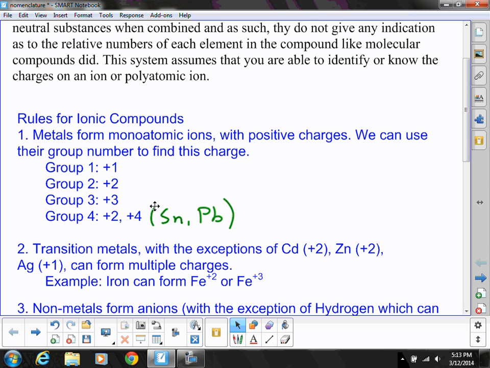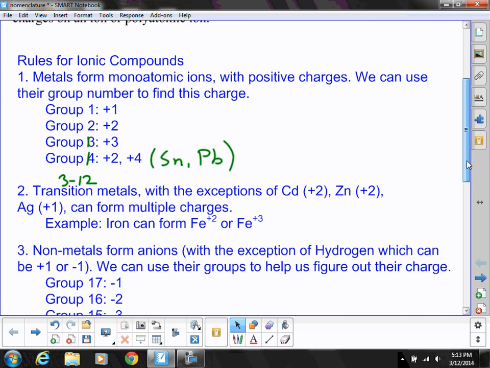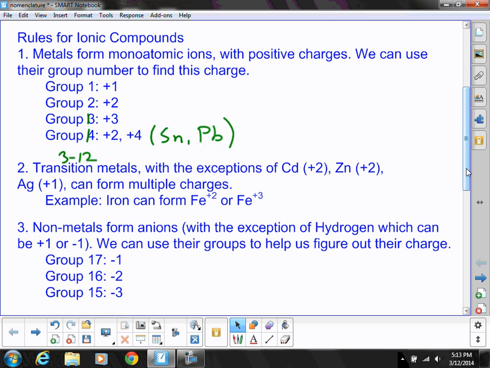Number 2, transition metals. Transition metals are elements in groups 3 through 12. So just to differentiate here, we're talking groups 13 and 14 up here. For the transition metals, with the exceptions of cadmium, zinc, and silver, which only form +2, +2, and +1 ions, respectively, can form multiple charges.